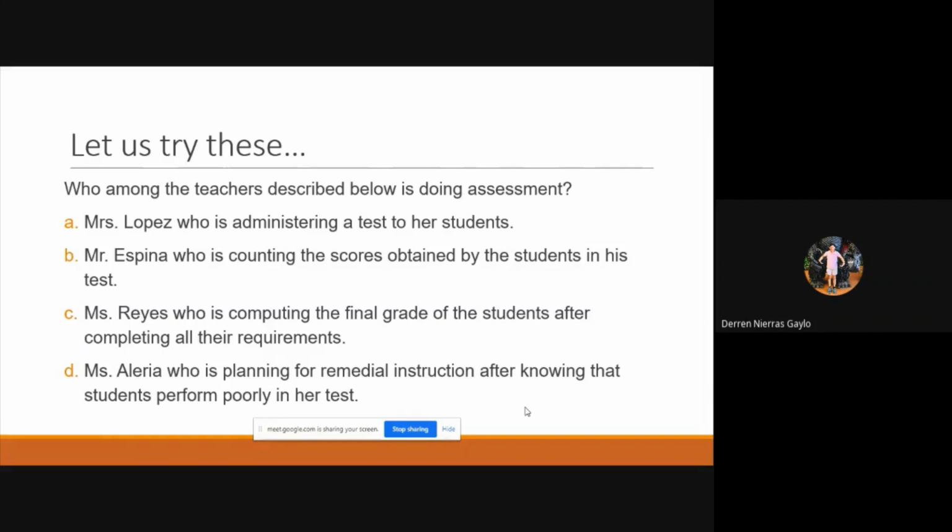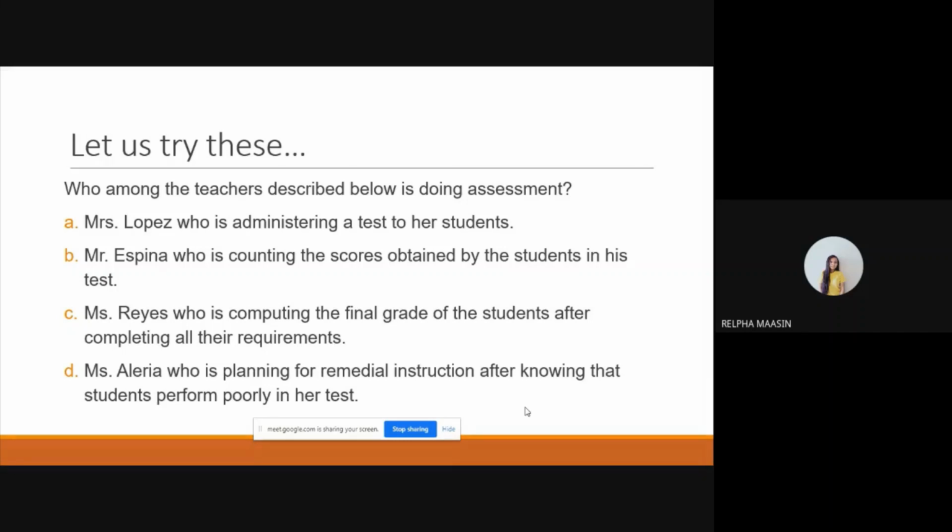How about this one? Who among the teachers described below is doing assessment? Letter A, Mrs. Lopez, who is administering a test to her students. Letter B, Mr. Espina, who is computing the scores obtained by the students in his test. Letter C, Ms. Reyes, who is computing the final grade of the students after completing all the requirements. And letter D, Ms. Aleria, who is planning for remedial instruction after knowing what students perform poorly in her test.